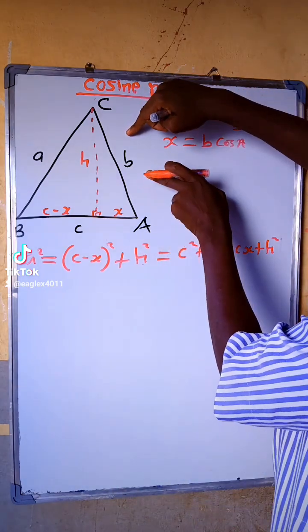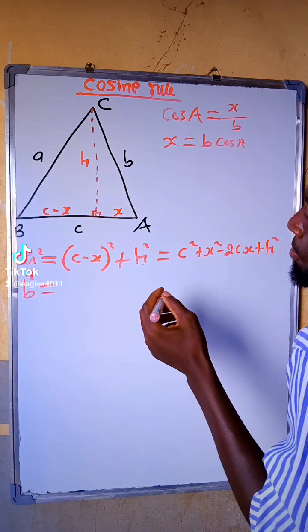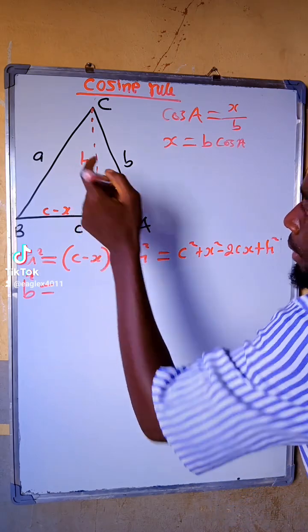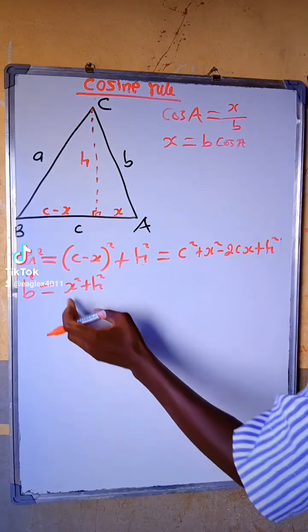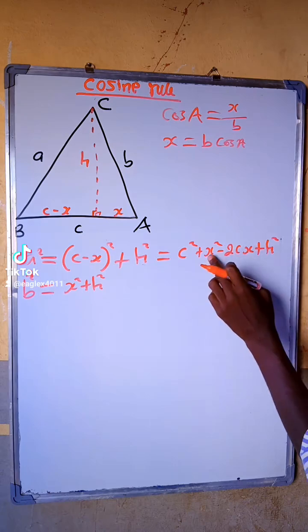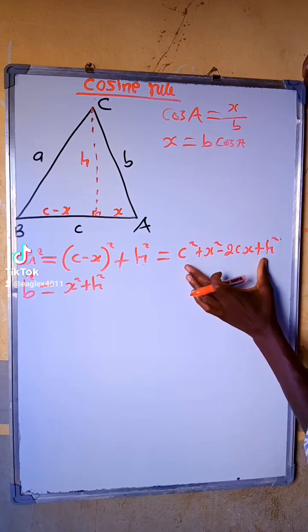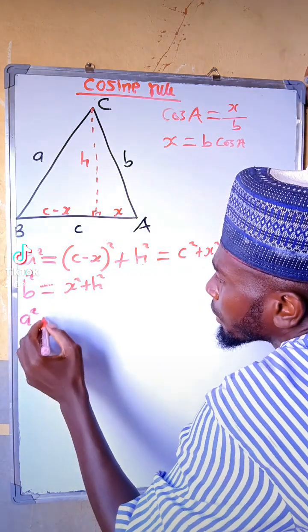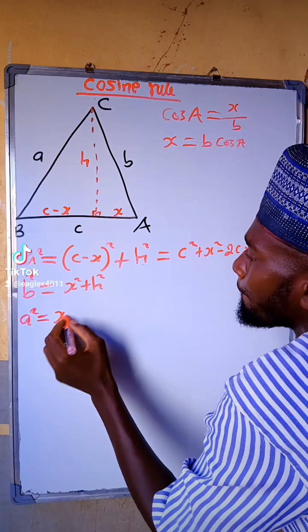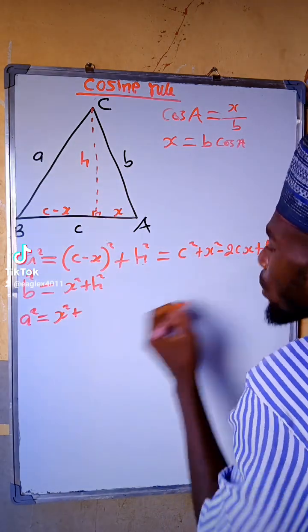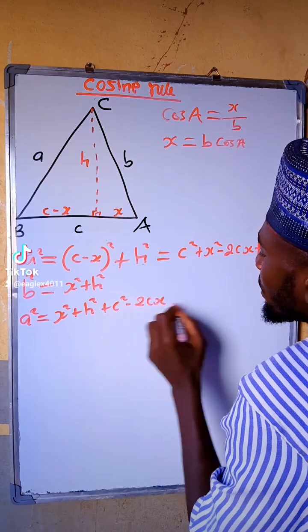And for the other triangle, the hypotenuse is b, and b square is equal to x square plus h square. I can rearrange this as a square is equal to x square plus h square plus c square minus 2cx.